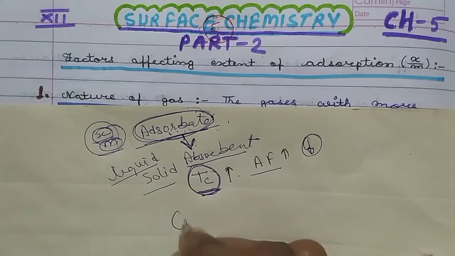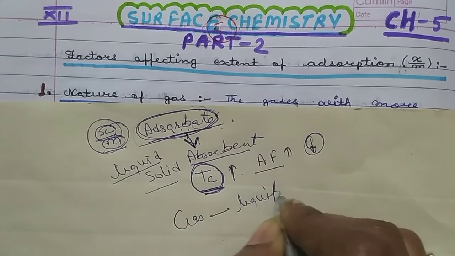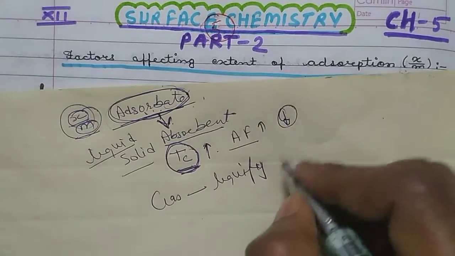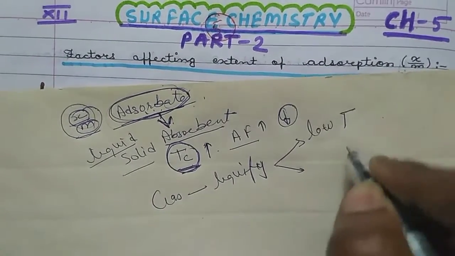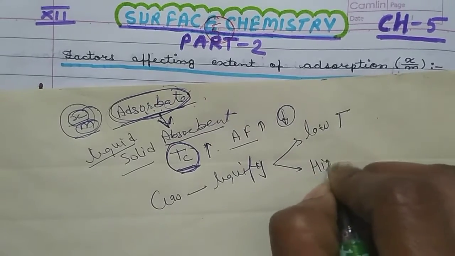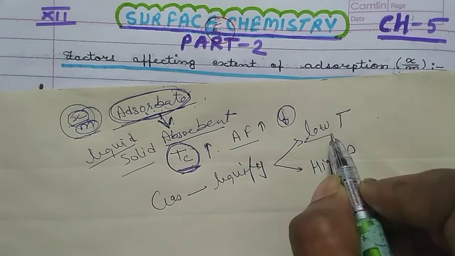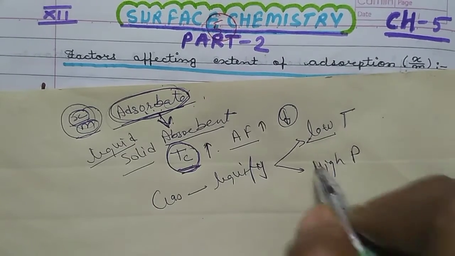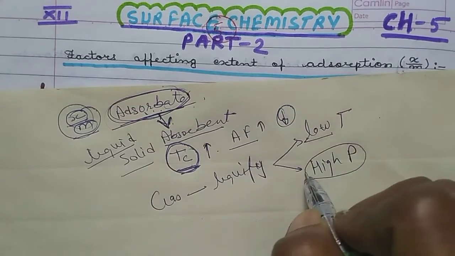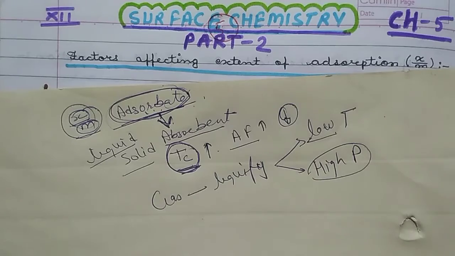Now, what is critical temperature? So see, if we want a gas to be liquefied, we have two conditions for liquefaction: low temperature and high pressure. By lowering the temperature, the kinetic energy of the molecules is decreased, and at high pressure molecules come closer to each other and attraction forces are developed, so the gas can be liquefied.